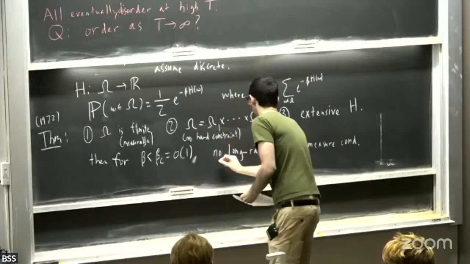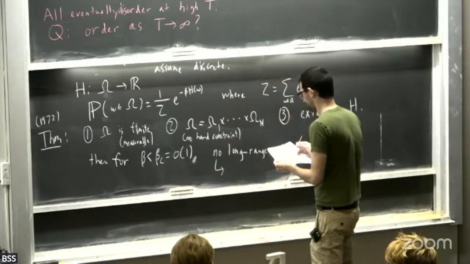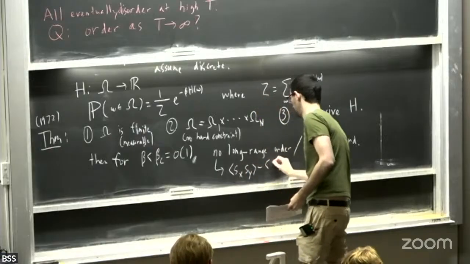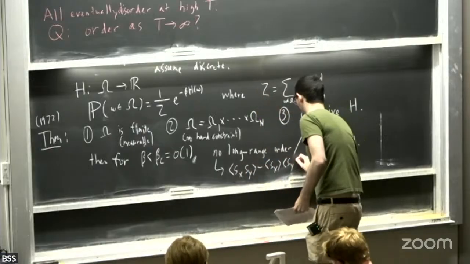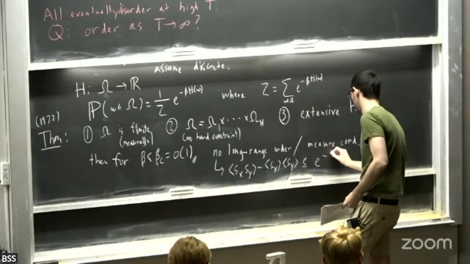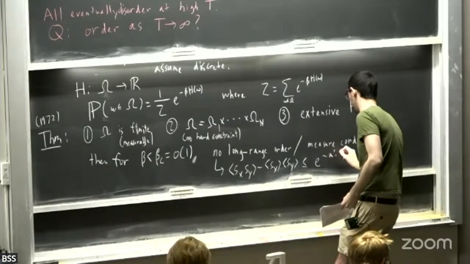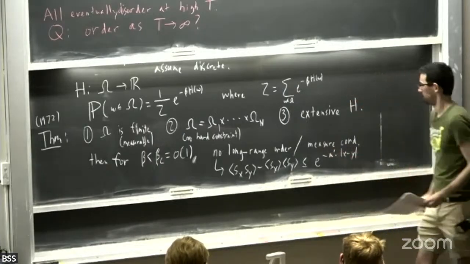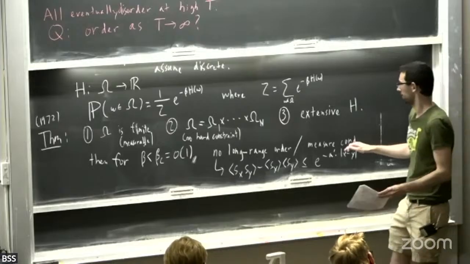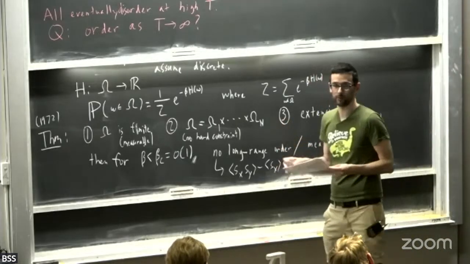Actually, let me say this condition, to put it in a way that makes sense. So this connected 2-point function will be bounded by some other constant, but it looks like this. So actually you have exponential decay in the distance between the 2 points.